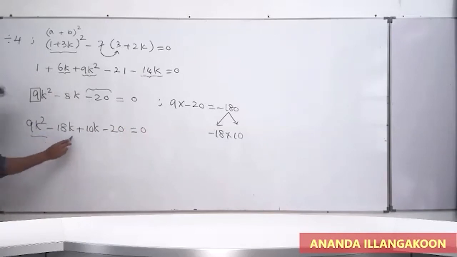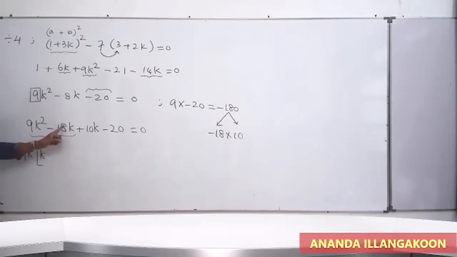Now, by these two, people, what is common? 9 is common, because this 18 you can write as 9 into 2. Here we have 9, here we have 9, and k is also common. Then take 9k out. Then what do you get? This k squared we can write as k into k. When you take 9k out, another k is within the bracket. This 18 I can write 9 into 2.